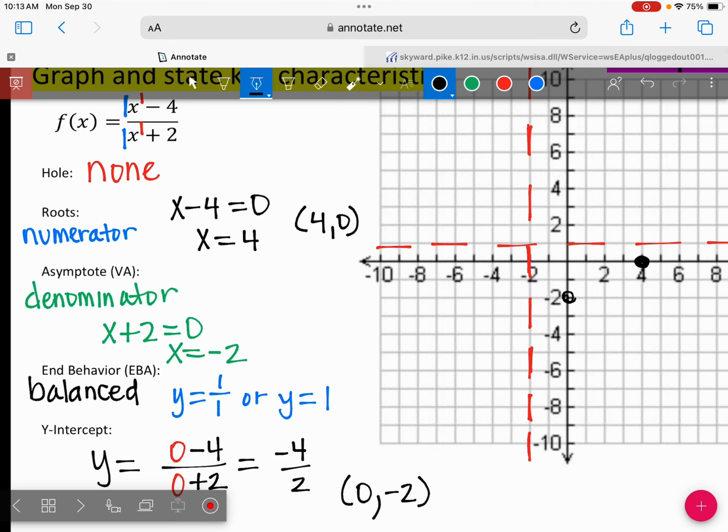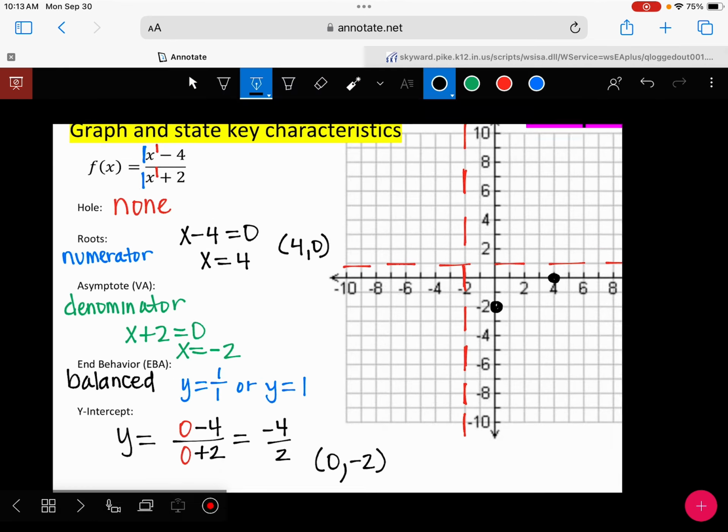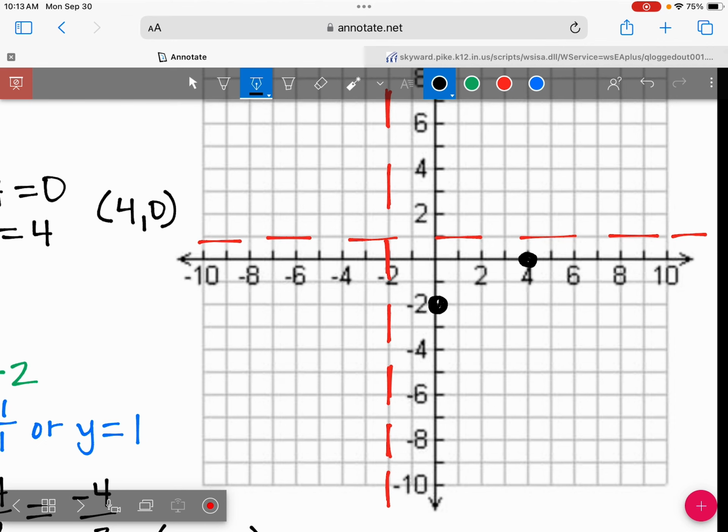So -2 would be here. And we kind of have enough happening here, because remember, these are boundaries that we can't cross. So it's going to come through, hit through the x-intercept, and then touch your y-intercept, and it's going to get really close to your vertical asymptote, but it never crosses.